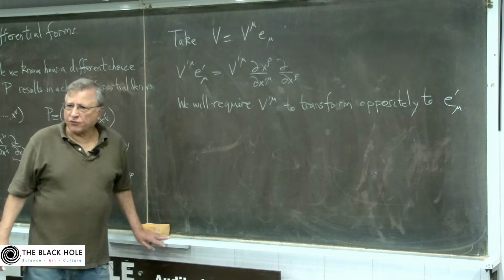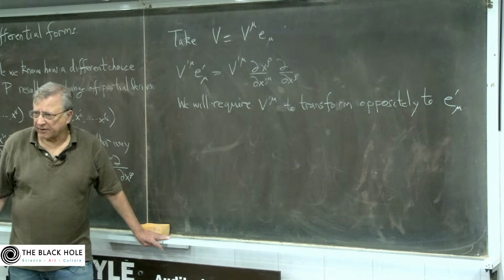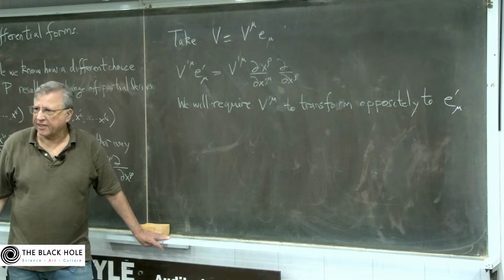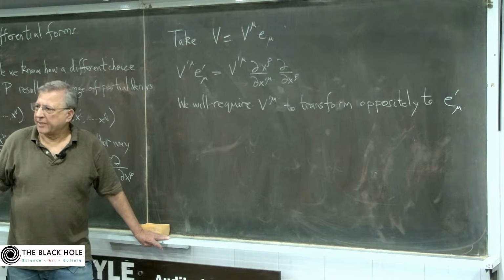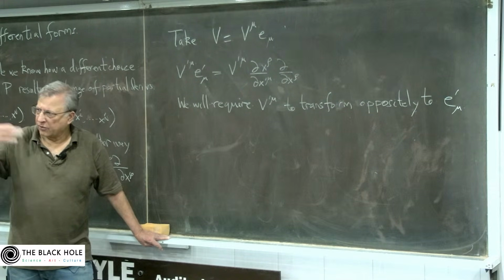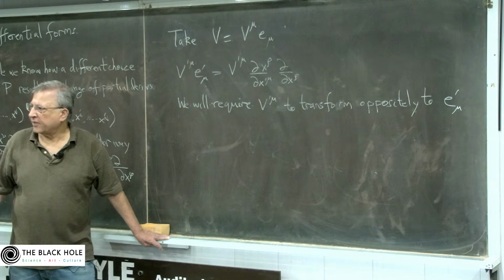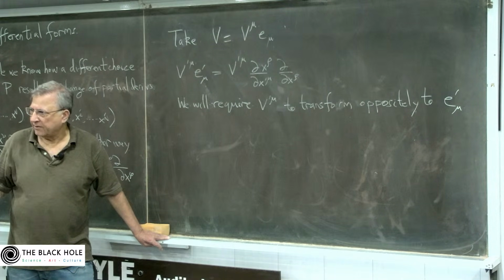So when something transforms as the basis vectors, we say that it transforms covariantly, and when it transforms oppositely, then we say it is contravariant.